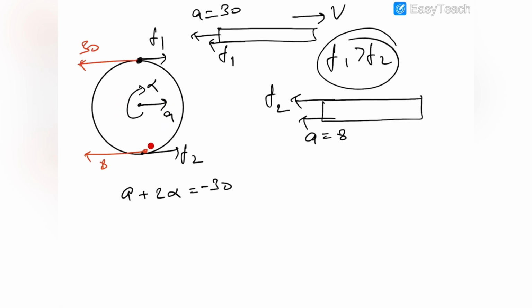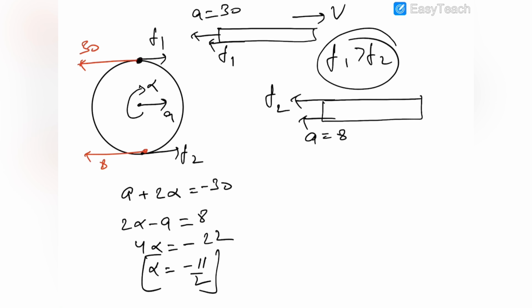This is R alpha in the backward and A in the forward. So 2 alpha minus A will be equal to 8. Adding these two, 4 alpha is equal to minus 22, and alpha is equal to minus 11 by 2.